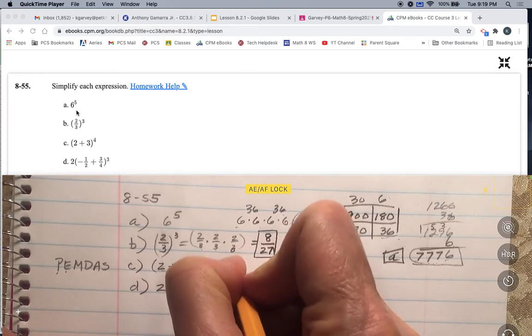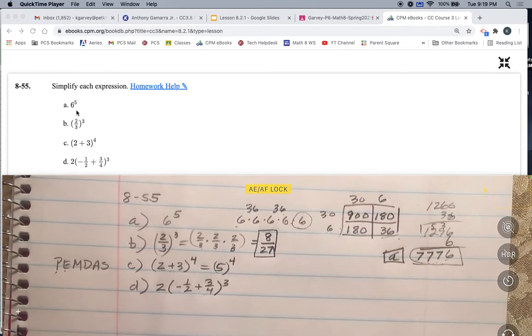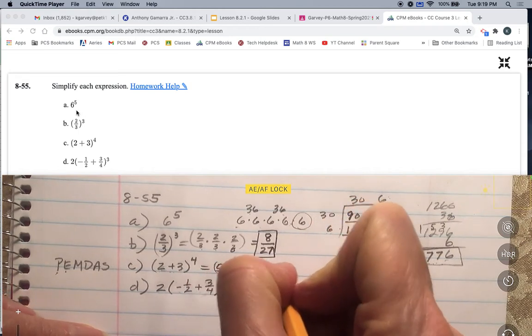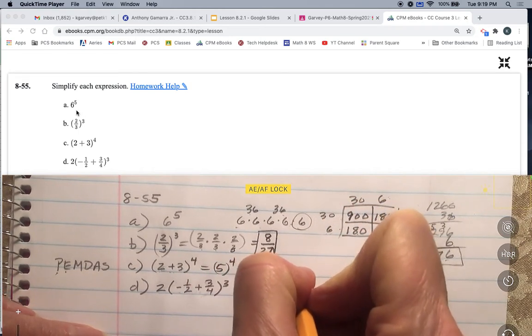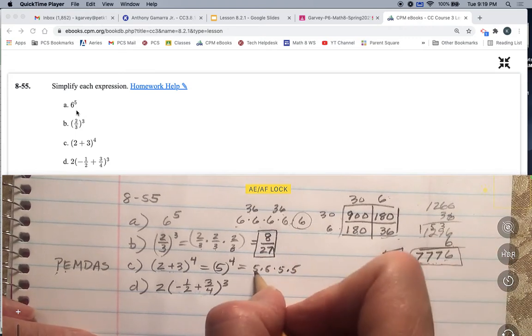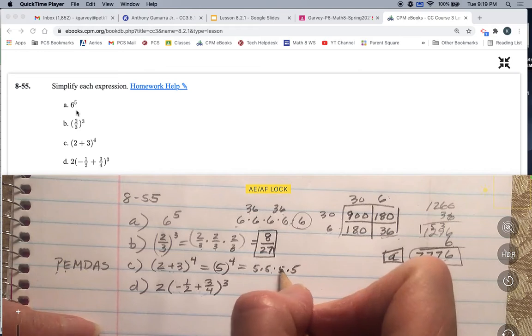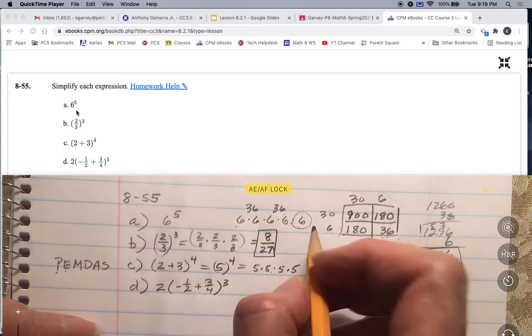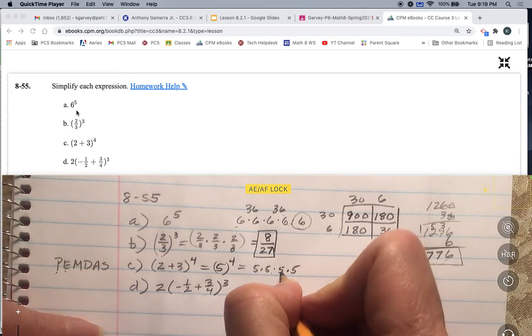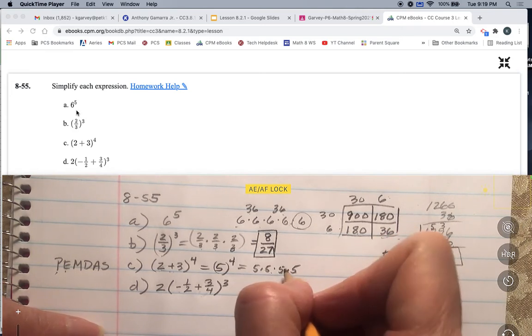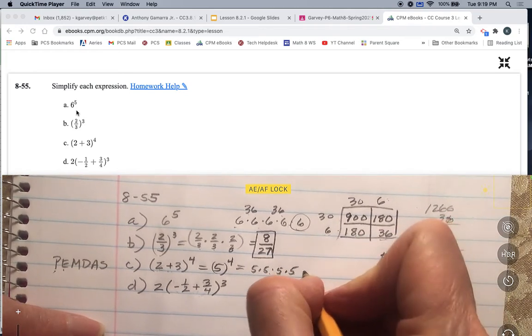And then it would be 5 to the 4th power. And so that is equal to 5 times 5 times 5 times 5. So 5 times 5 is 25. 5 times 25 is 125. And then 5 times 125 turns out to be 625.